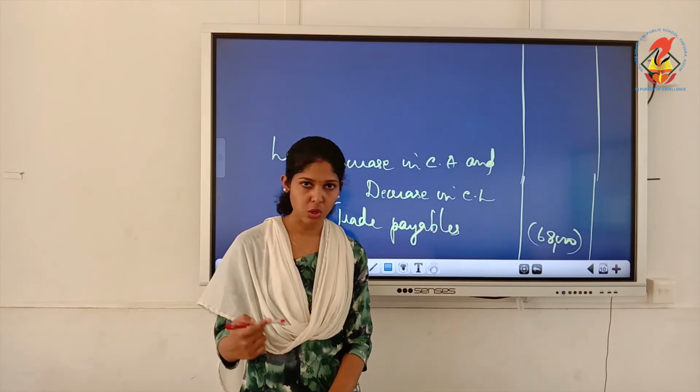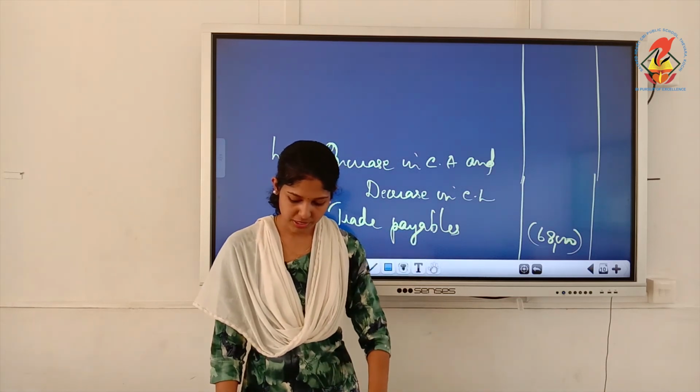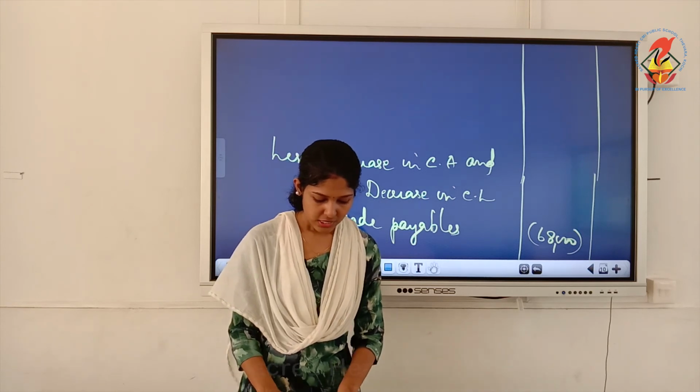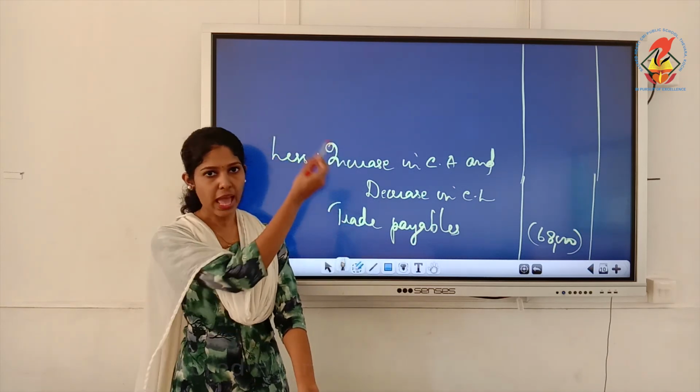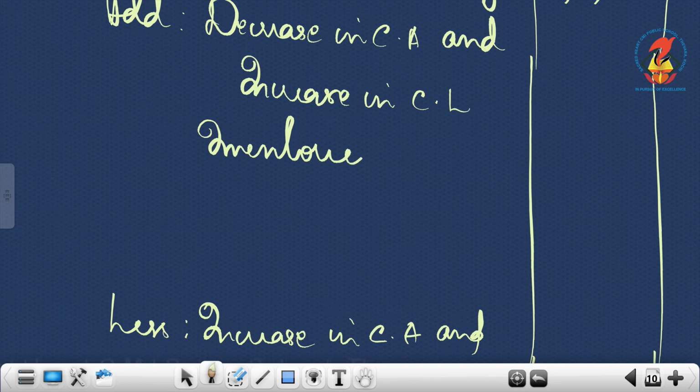Current investments, I told you it's part of cash and cash equivalents, don't take it here. Inventories, just compare the figures 59 and 37. So it is a decrease in inventory. So we can write it under add, that is inventories, 22,000.